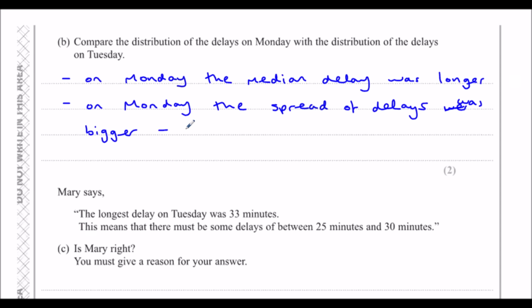So it had a bigger interquartile range and a bigger range.